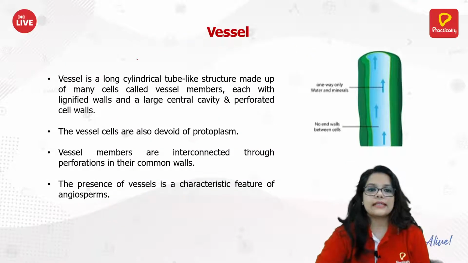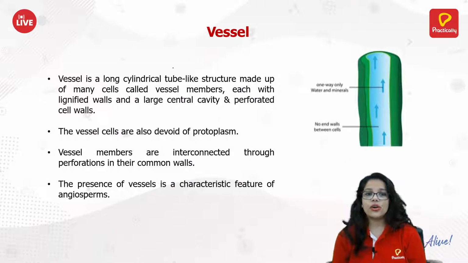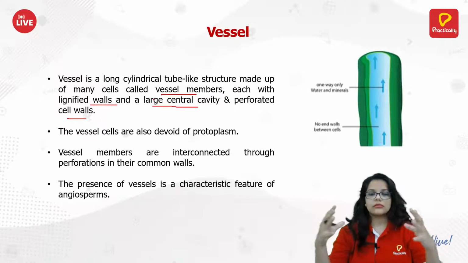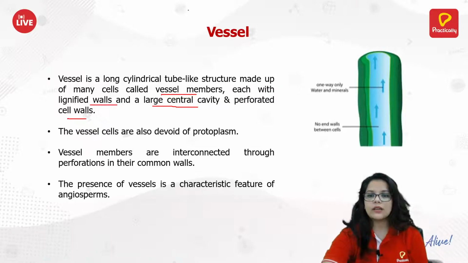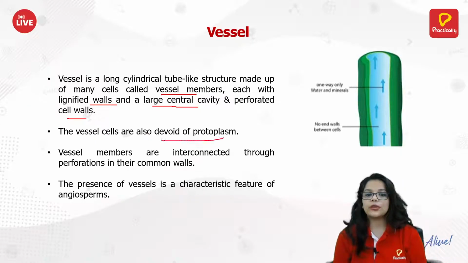Next is the vessel. It is a long cylindrical tube-like structure made up of many cells called vessel members. Each of them has lignified walls, a large central cavity and perforated cell walls. These cells are also devoid of protoplasm.